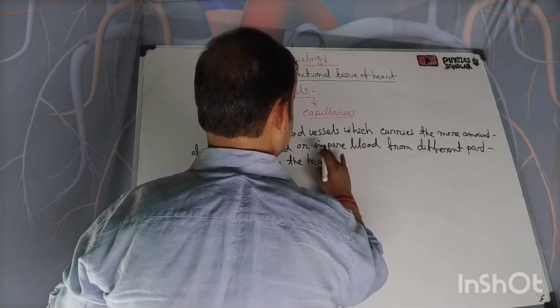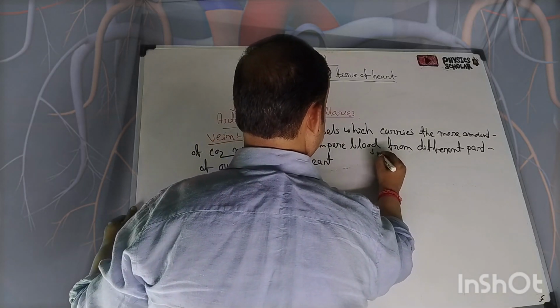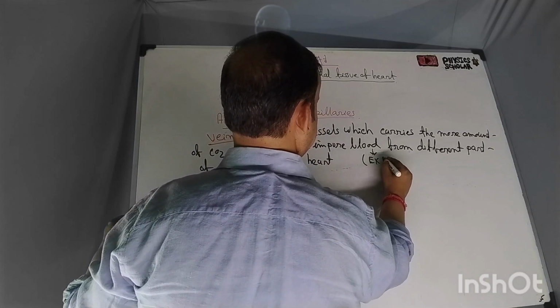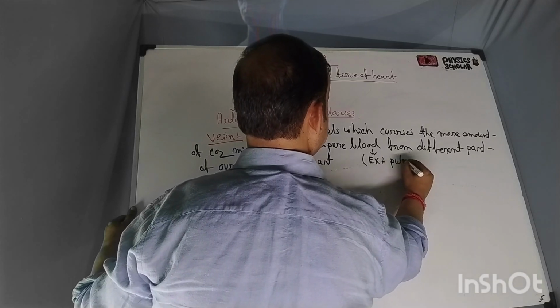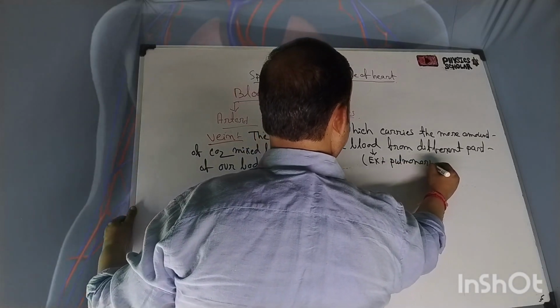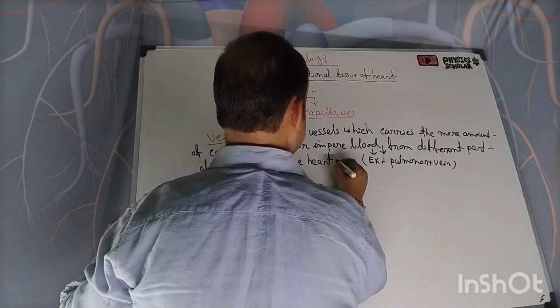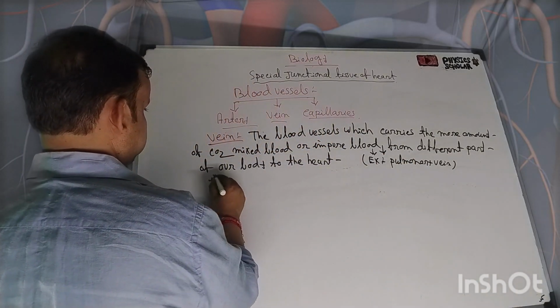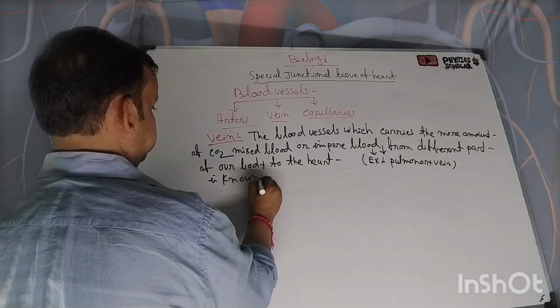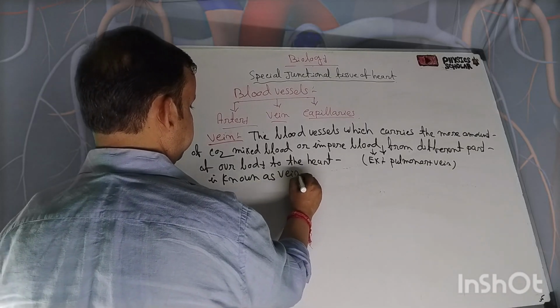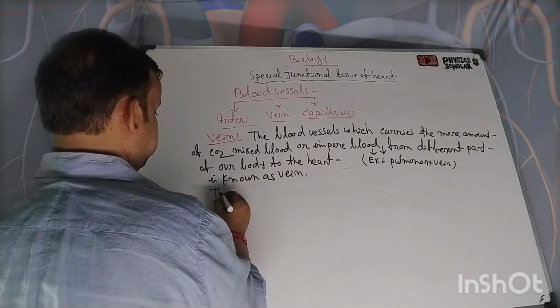Here you have to write impure blood, except the pulmonary vein. That you have to write here. Clear?